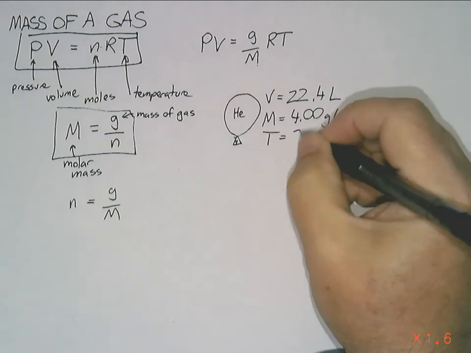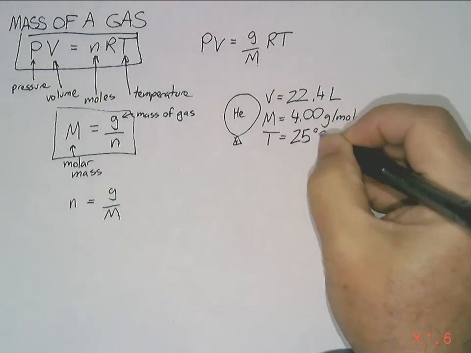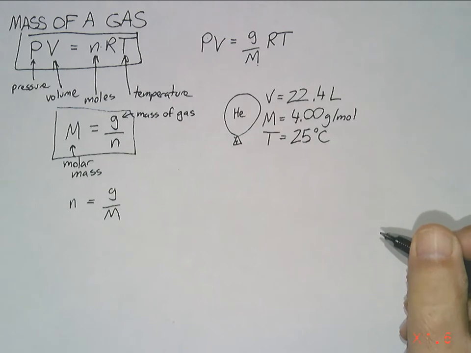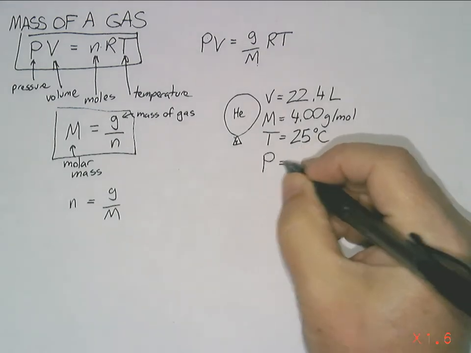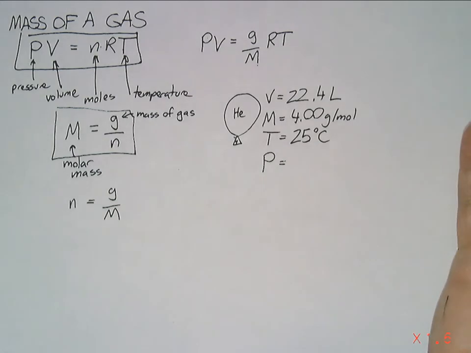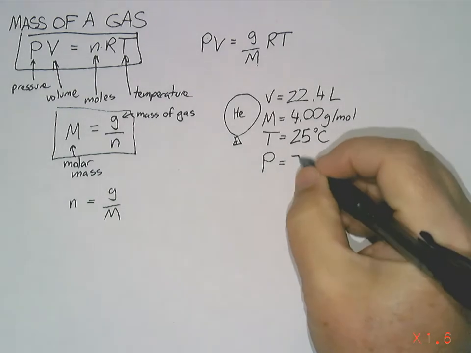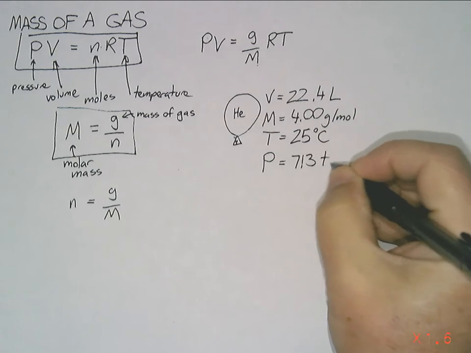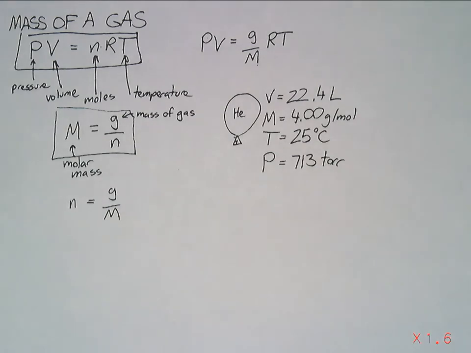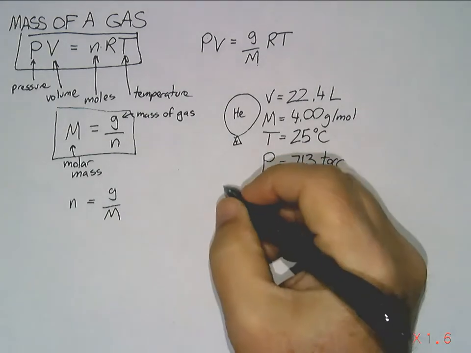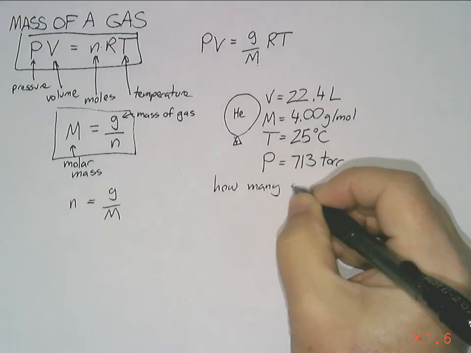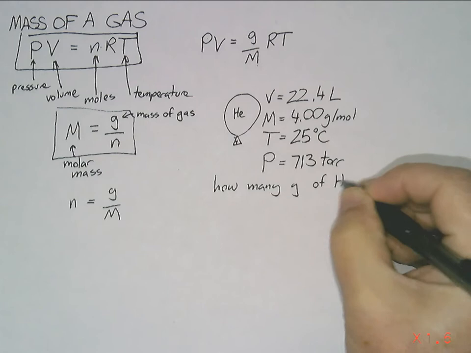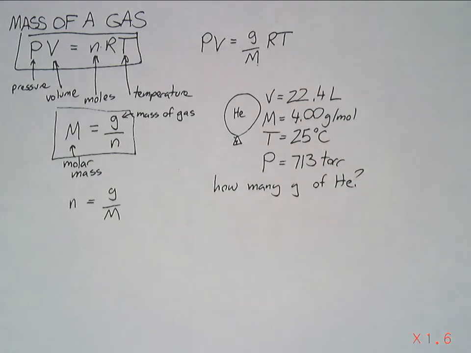Now, I'm going to need to change that to a Kelvin temperature. And let's say we're at atmospheric pressure, say in Frostburg. And I want to know how many grams of helium do I have in the balloon?